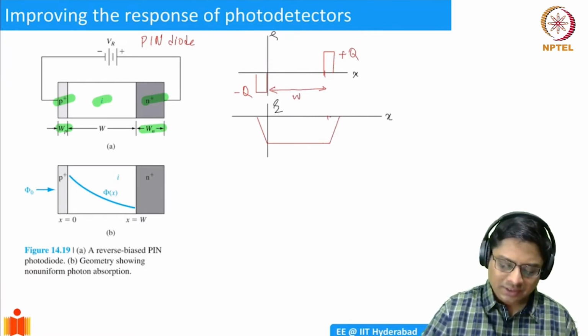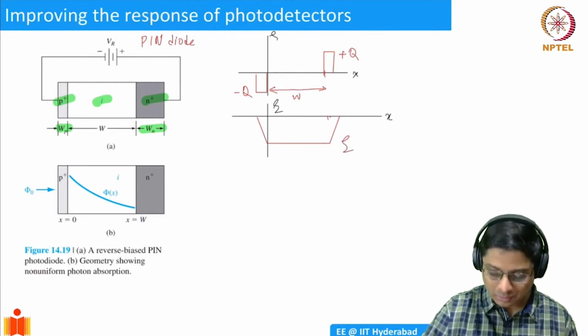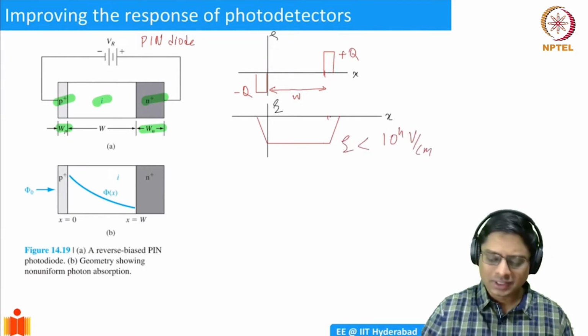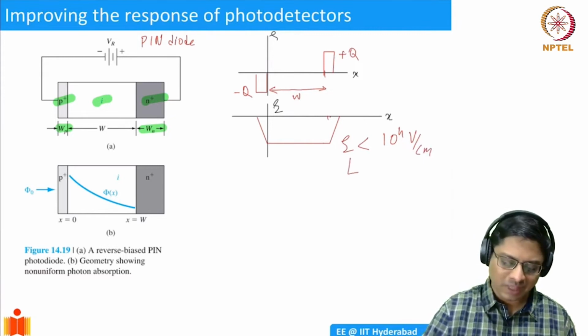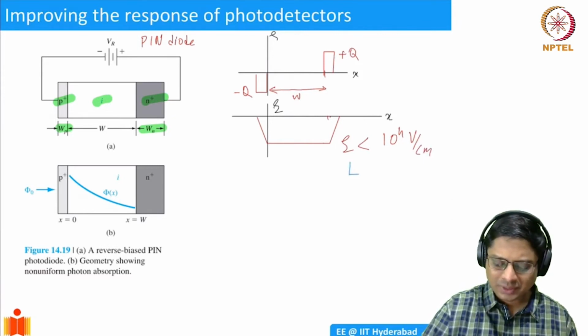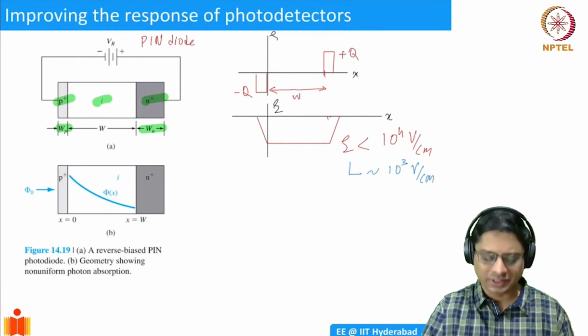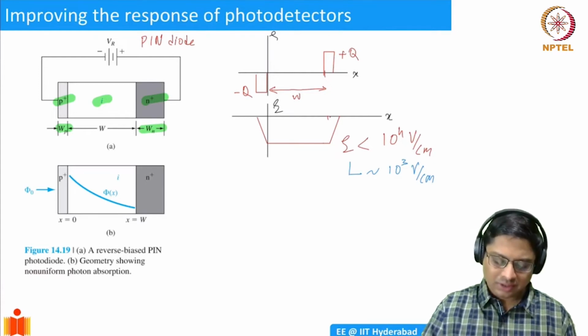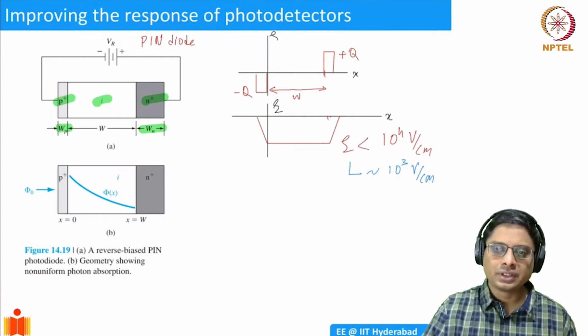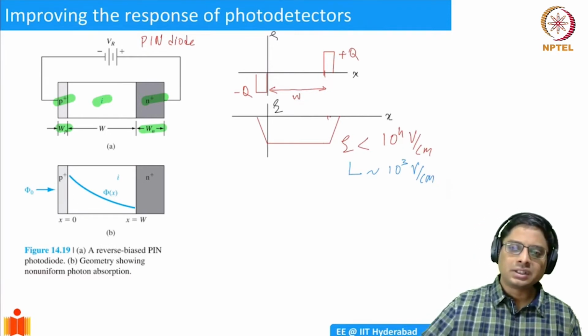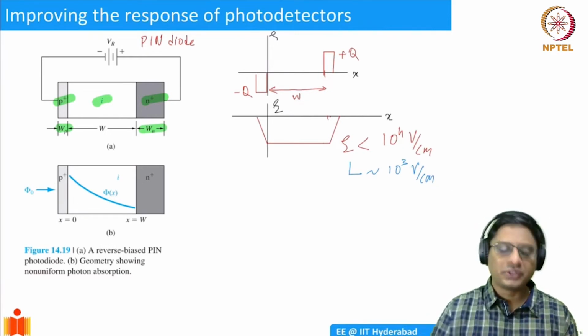And we have seen that this electric field is definitely smaller than the 10 to the power 4 volts per centimeter that you see in a typical PN junction. This might be of the order of, I don't remember now, but 10 to the power 3, I think 1000 volts per centimeter, is what we have seen for some 3 to 4 micrometer widths. What we are essentially doing is creating this electric field which will make the carriers move in opposite directions.